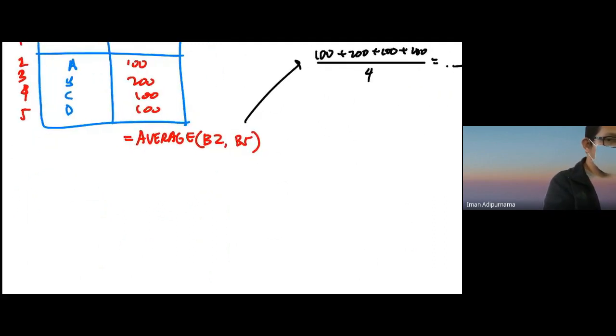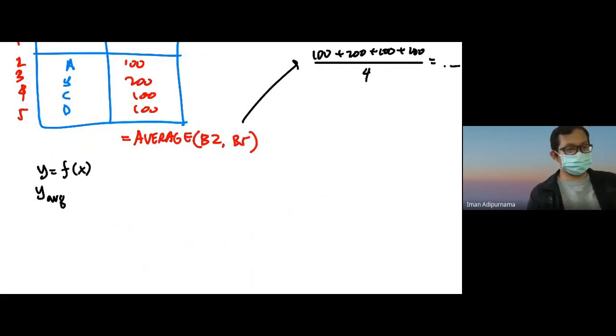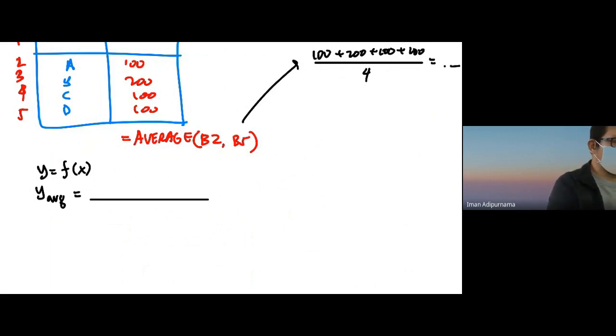So when you have y average, and y is your function, you can write y1 plus y2 plus until some number n, divided by the number n.